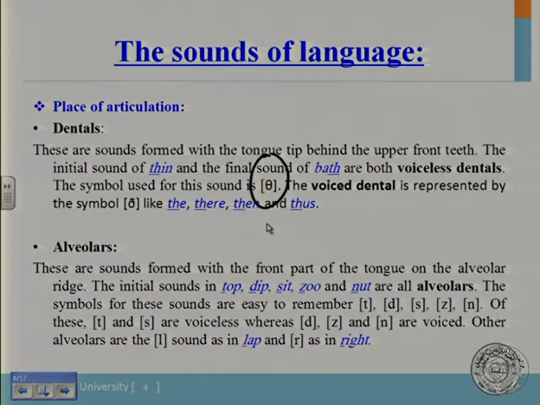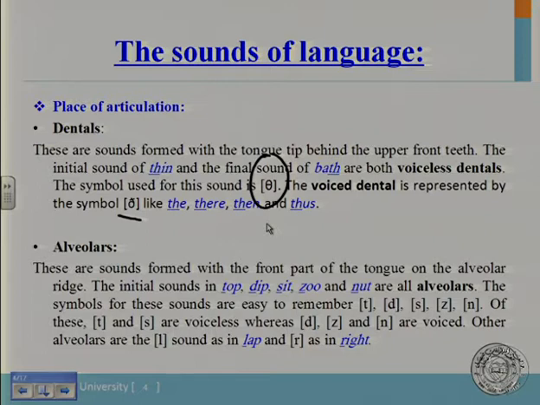Now, the voiced dental is represented by this. We have two symbols. Thin is voiceless. It makes no vibration. There is no vibration at all.